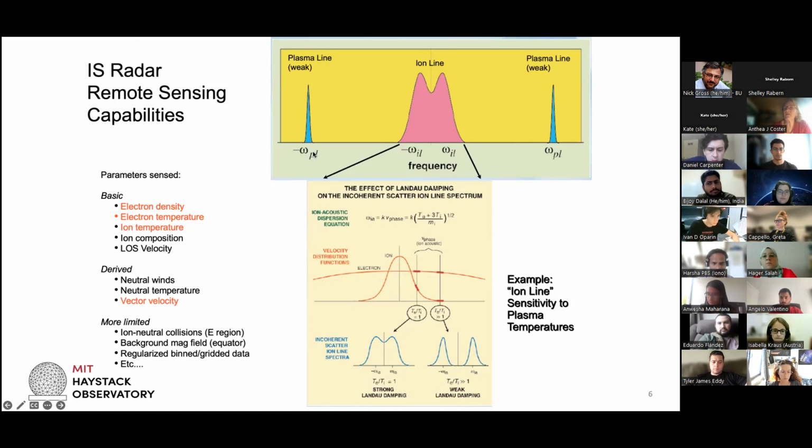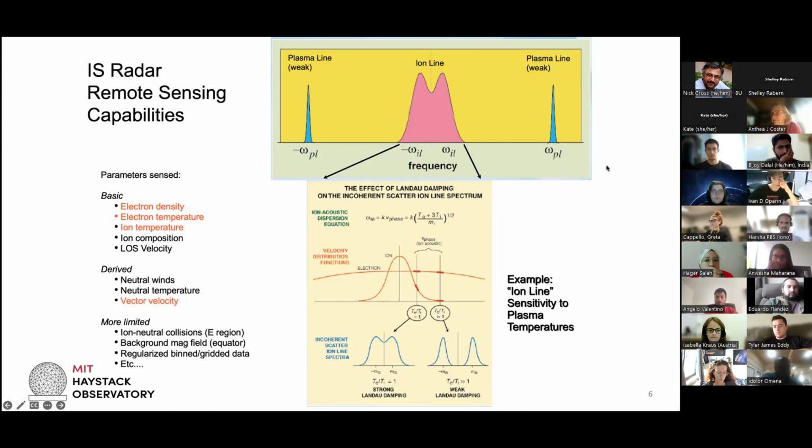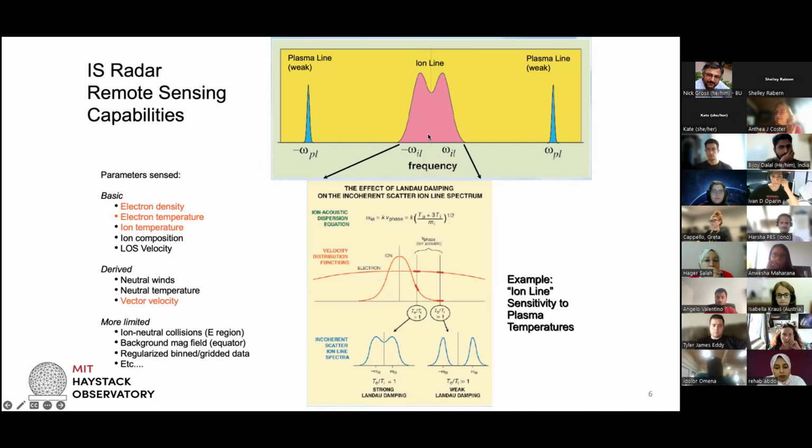Now over here, and this is really what takes a lot of time to explain, when you scatter off this volume of electrons and you receive the data back, if you were to look at it in frequency, you would see that the energy that you receive is spread in two different bands. The big band here, which we call the ion line, is where most of the information that we've always used comes from.